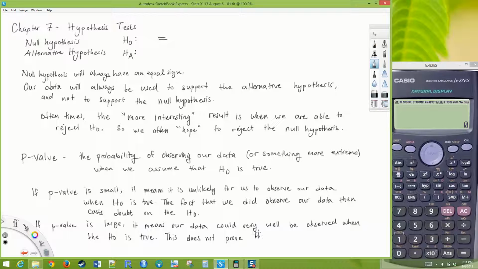It tells us we do not have enough evidence to reject the null hypothesis.